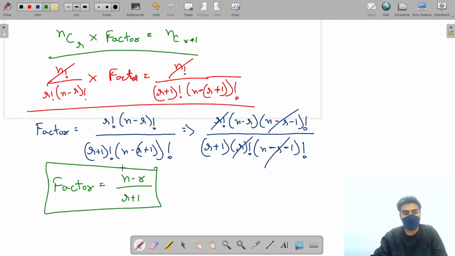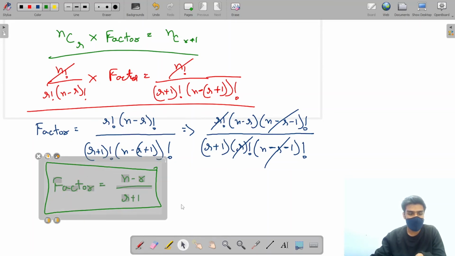Alright, so we have understood how we can find the factor, and now we can place this formula inside our question.